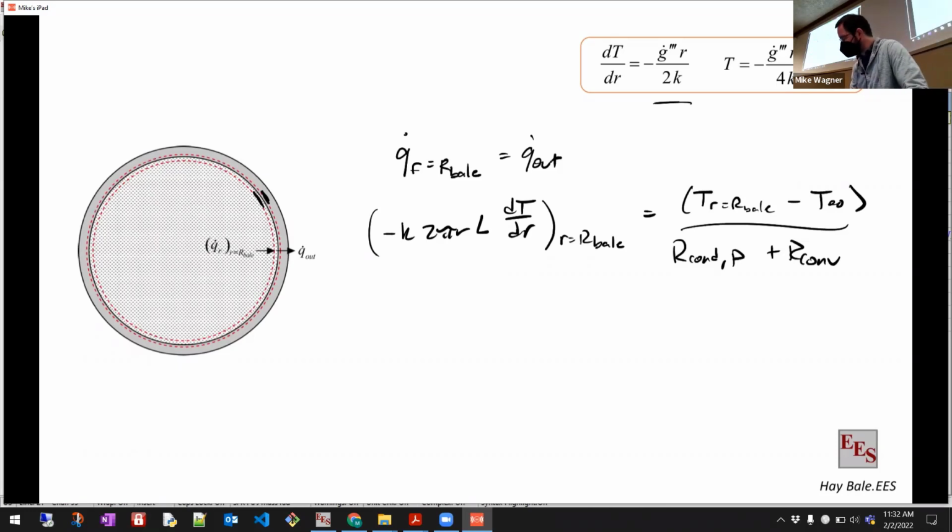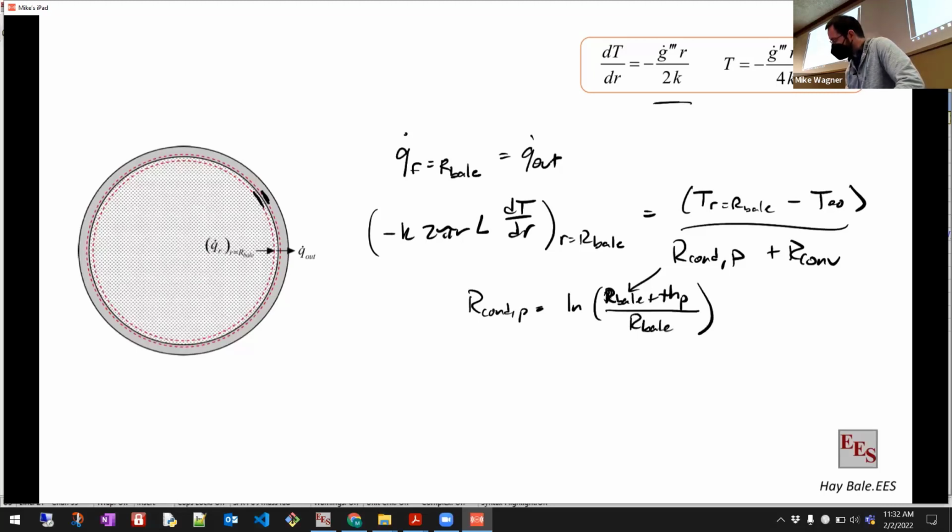So let's get some resistances here. So R conduction plastic, that's cylindrical coordinates. So that would just be what? That's the natural log of the outer radius, which is R bale plus the thickness of the plastic, thickness P, divided by the radius of the bale. So it's a little messy.